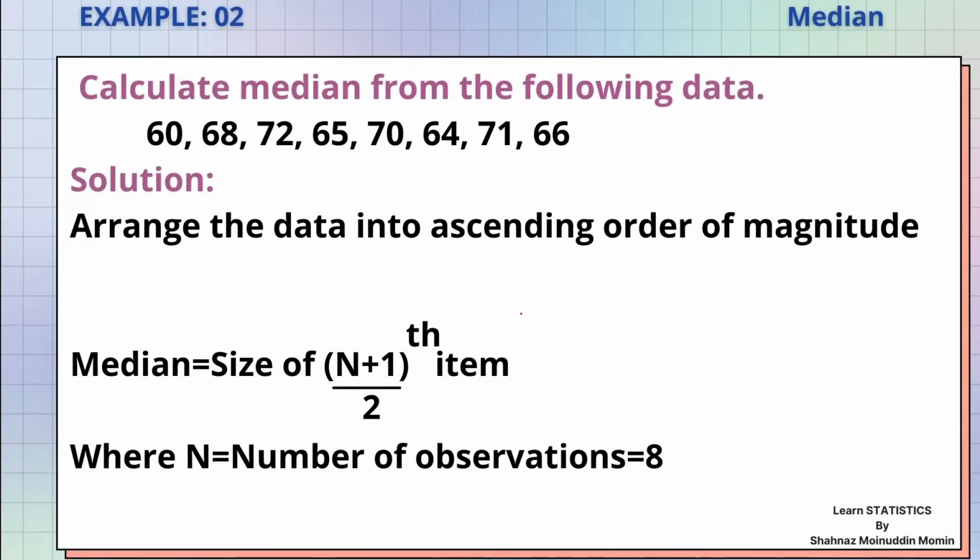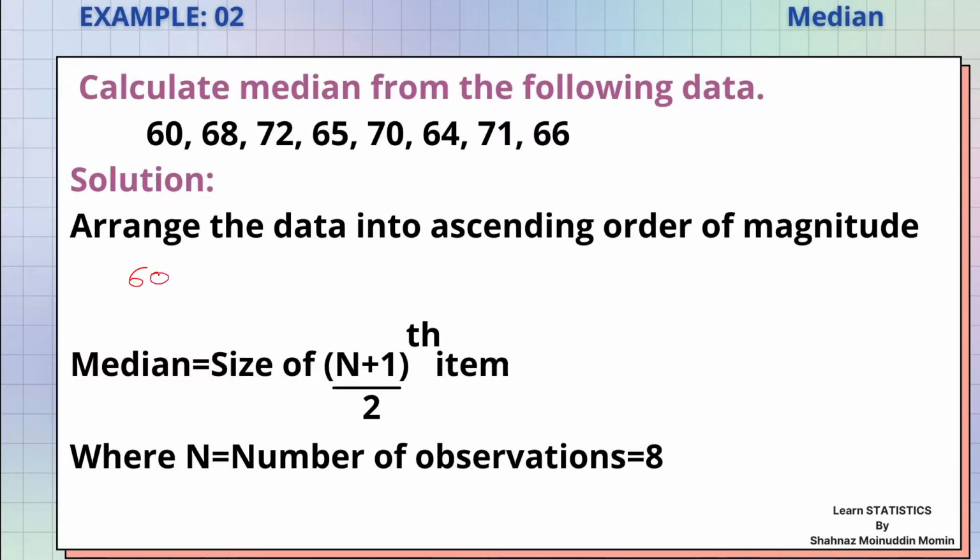Calculate median from the following data. 60, 68, 72, 65, 70, 64, 71, 66. Here also we have given the separate numbers, hence it is an individual data. So first step is arrange the data into ascending order of magnitude. Let us arrange the data.